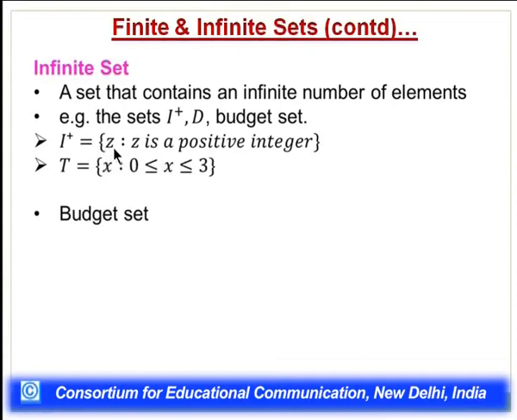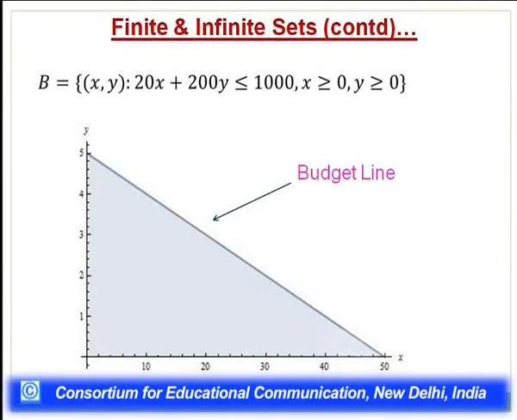Here you have all the positive integers, and clearly it's a set with an infinite number of elements. Then similarly the set T is also an example of an infinite set. And finally, last time I talked to you about the budget set, which diagrammatically looks like the shaded region in blue here, and this also is an example of an infinite set.